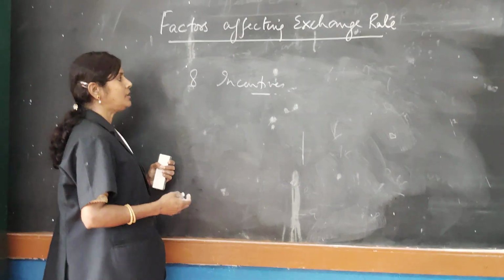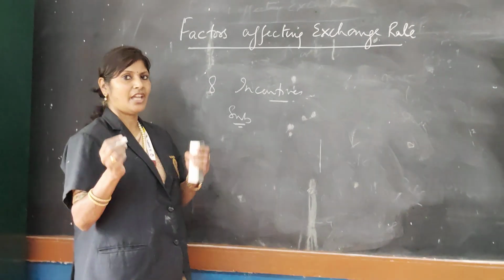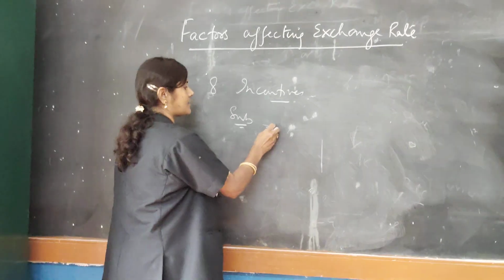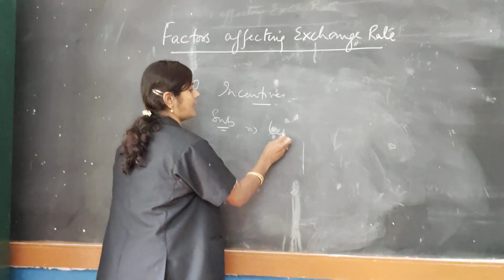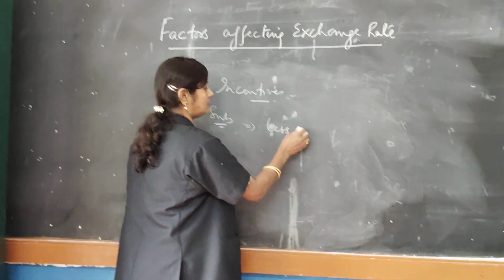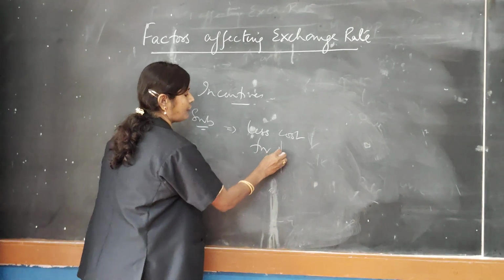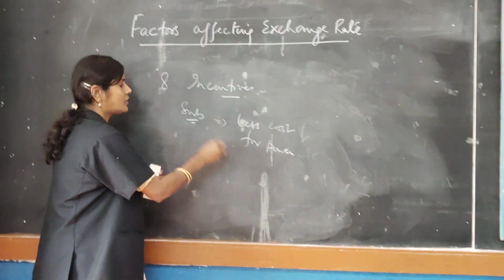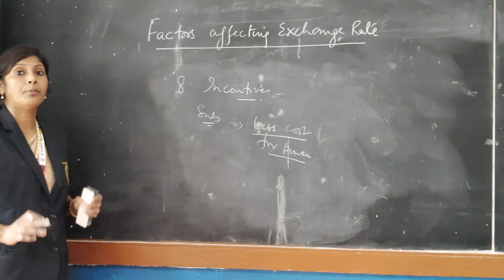Say for example, when I say subsidies, when an exporter has started a business in a particular area, if he is given a lower charge or cost for power generation, then the government is taking care of the burden of the power charges, right?